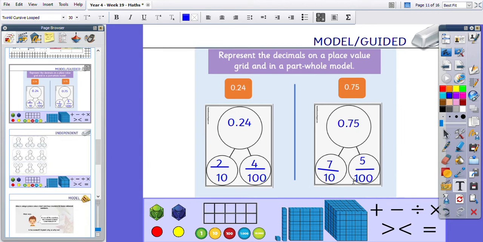We could also show this as decimal, so we could have 0.7 because this shows 7 tenths, and we could have 0.05 because this shows 5 hundredths, because the digit 5 is in the hundredths column.